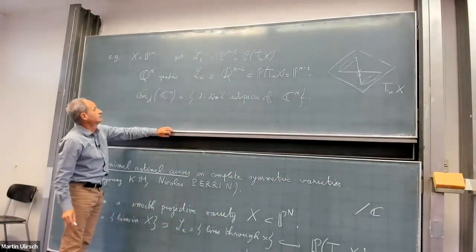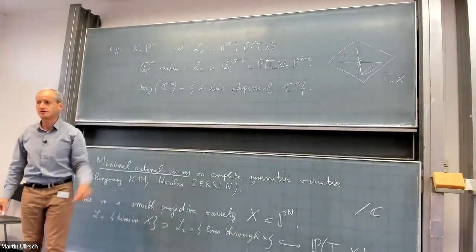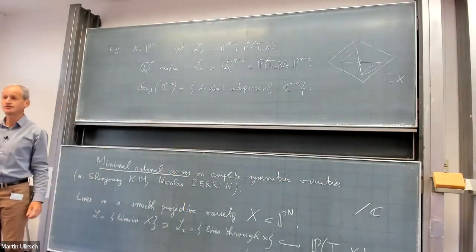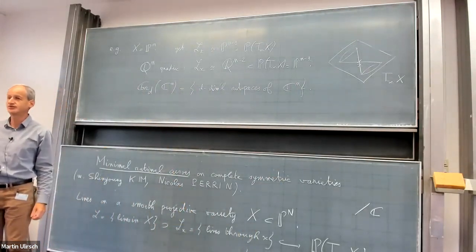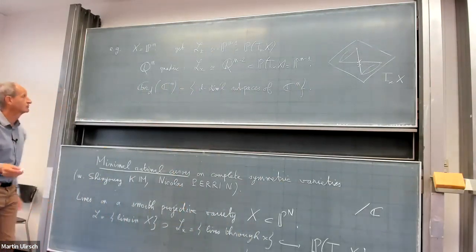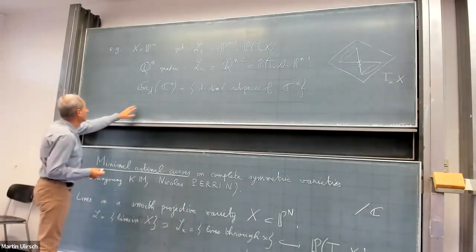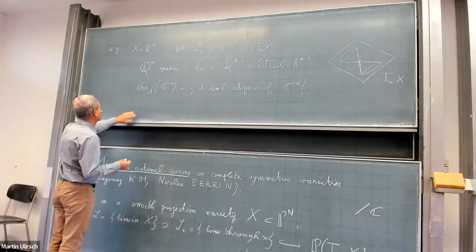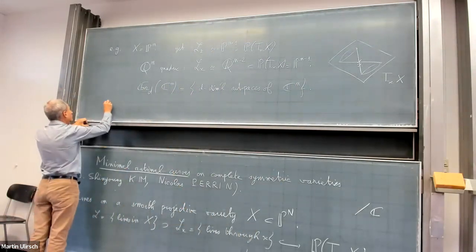So let me describe lines there. Actually, you saw some lines in the talk by Martina yesterday. These were exactly these T-stable curves. And if you think of them, they are actually lines. So let me produce one of them, which is called a Schubert line.